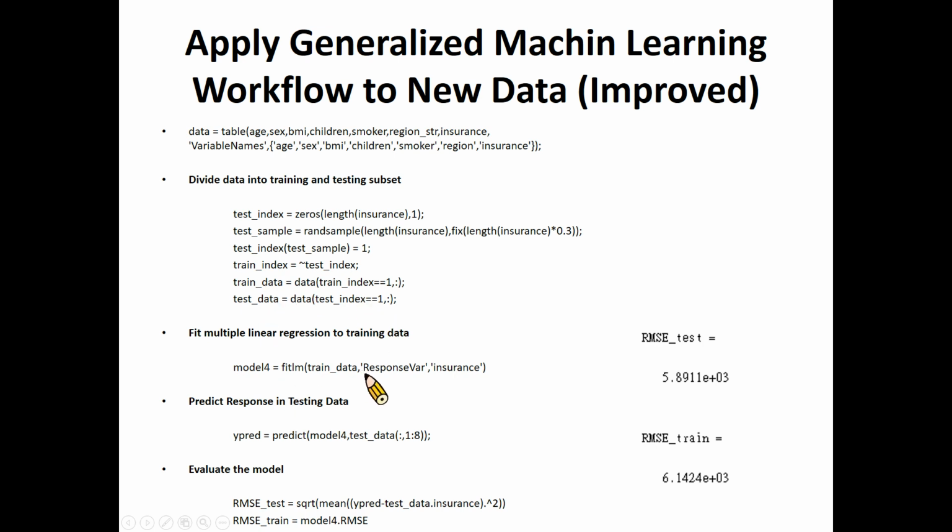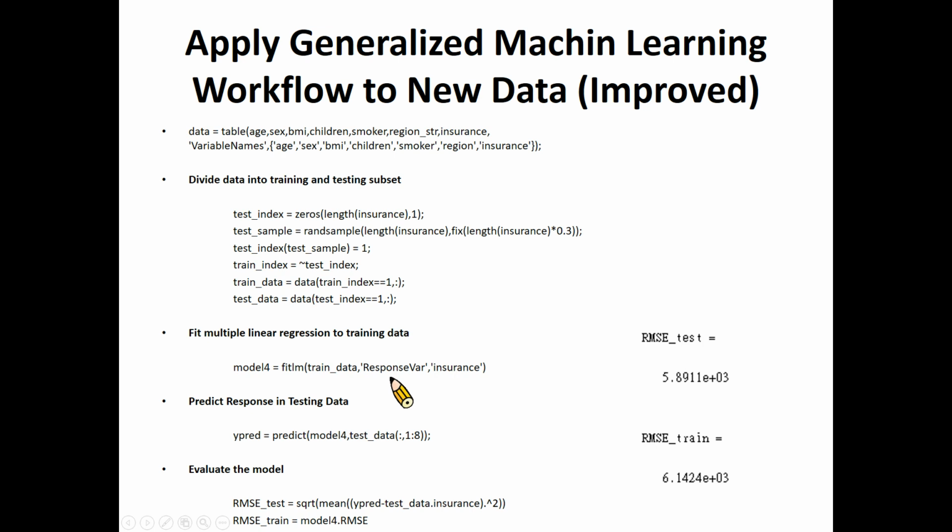Here we only need to specify which one is the response variable. So when we put the training data here, we only need to tell MATLAB which variable is the response variable. In this case, we specify the response variable is the insurance variable. So you just tell MATLAB what the variable name of the response variable should be.